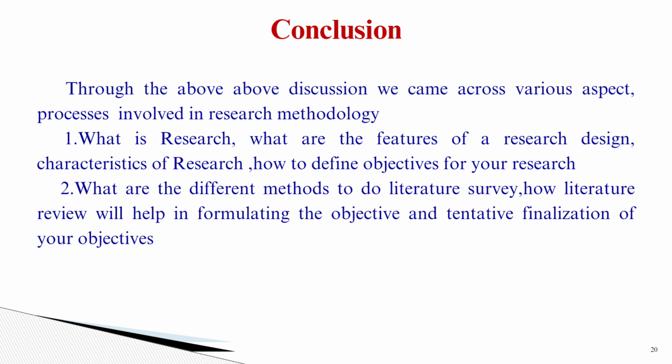Conclusions: through the above discussion, we came across various aspects and processes involved in research methodology. That is, what is research, what are the features of research design, characteristics of research, how to define objectives for your research, what are the different methods to do a literature survey, and how the literature review will help in formulating the objectives and tentative finalization of your objectives.